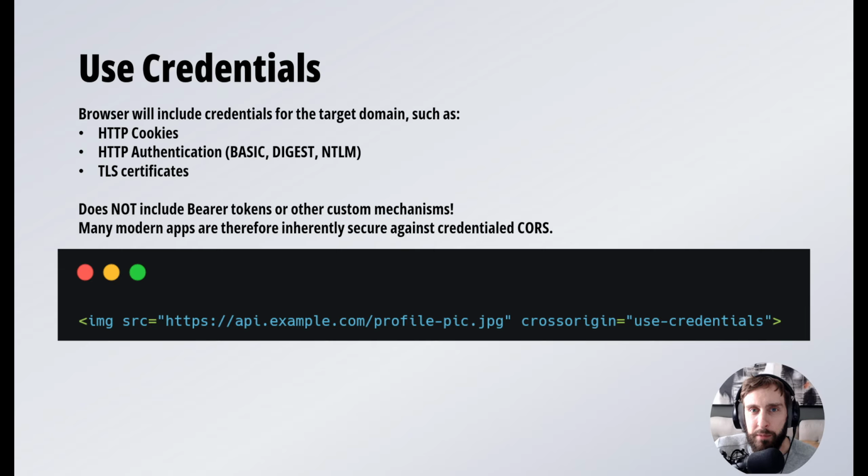Those types of mechanisms are seemingly increasingly popular on the web, so a lot of modern web applications really are not using mechanisms where credentials can be automatically sent by the browser for CORS requests. And that often is the big difference between whether a certain CORS configuration, whether insecure or not, poses any type of risk for an application.